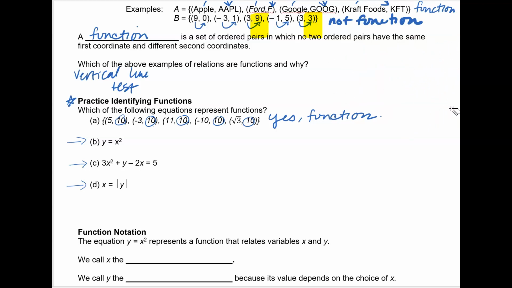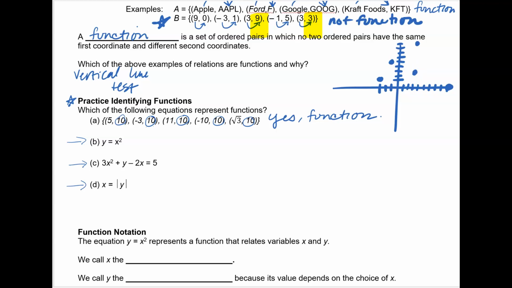I think this is one of those topics where lots of examples are needed. If we look at that example up here, this set B that I said was not a function, if I were to graph those points, I would have 9, 0, -3, 1, 3, 9, -1, 5, 1, 2, 3, 4, 5, and then 3, 3.